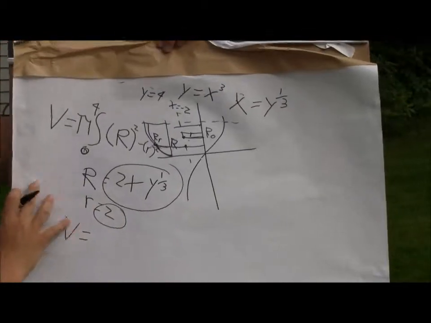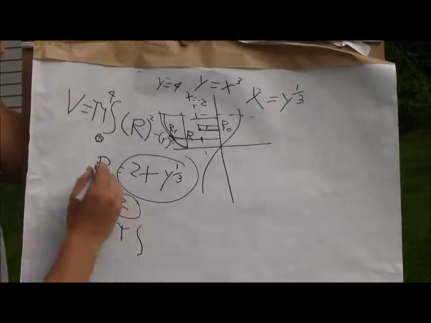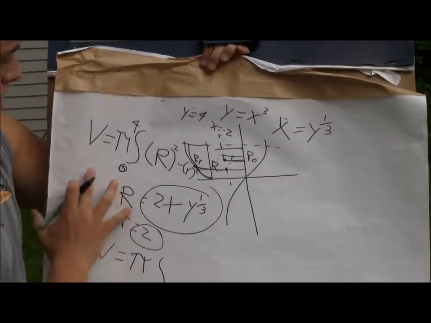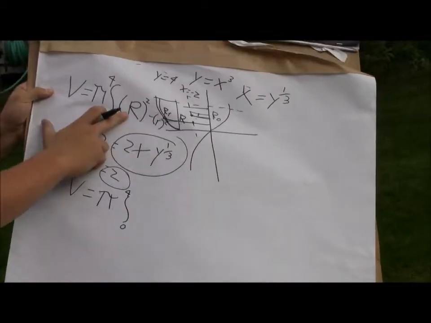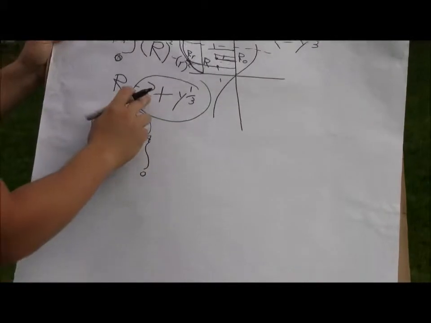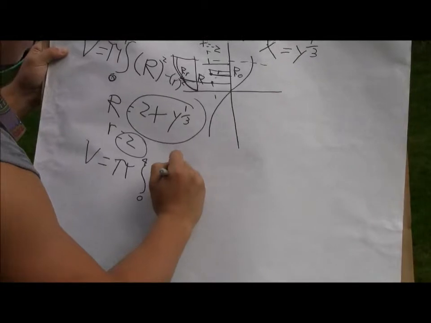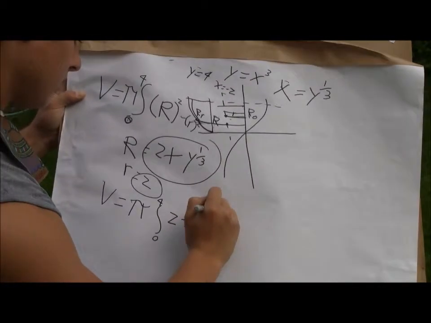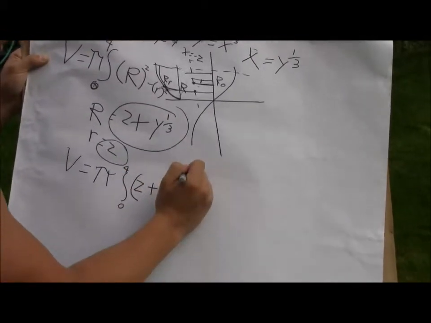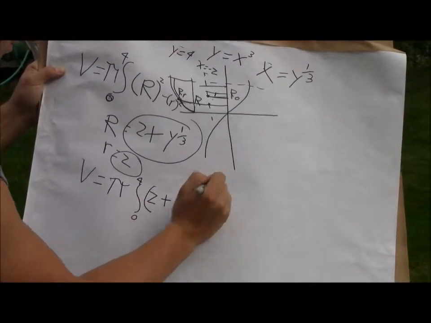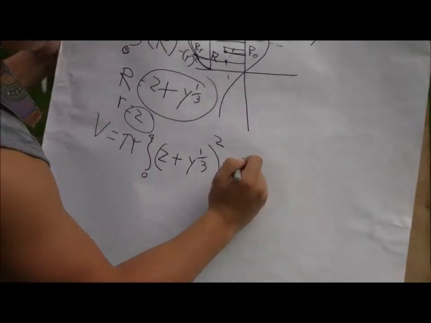So V equals pi, integral from 0 to 4 of our big radius, which is 2 plus y to the power of 1 divided by 3, this whole thing squared, minus our small radius squared.